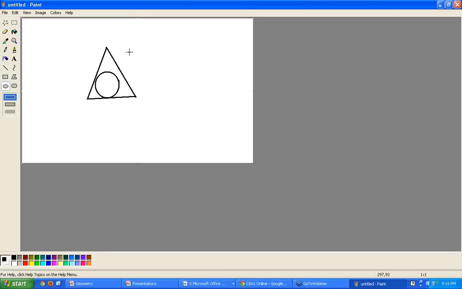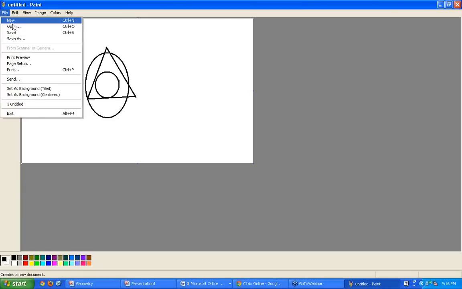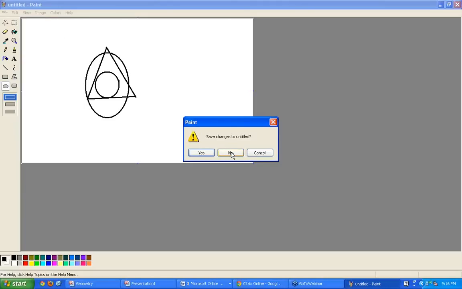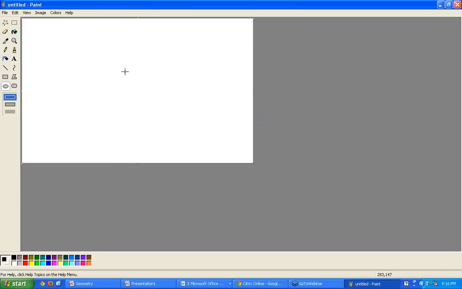So there will be one circle which will touch all the sides, and there will be one circle which will touch all the vertices. Maybe I'll make a circle first, and then I'll draw a triangle.